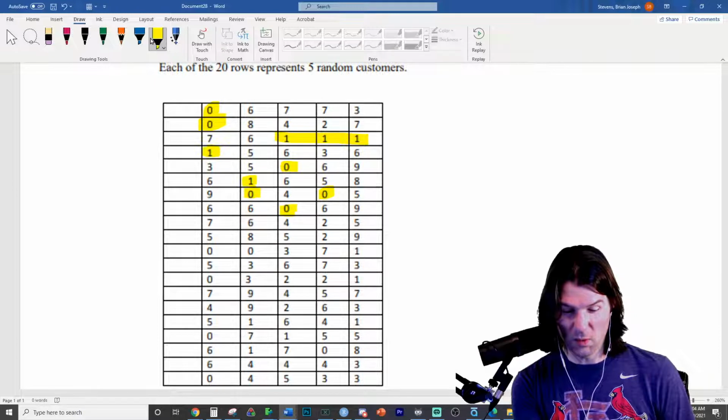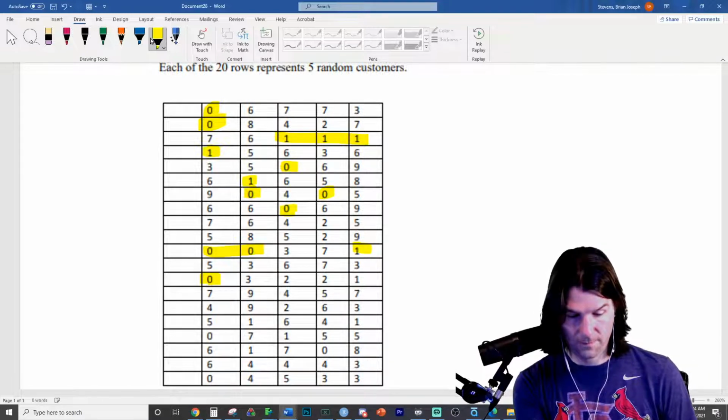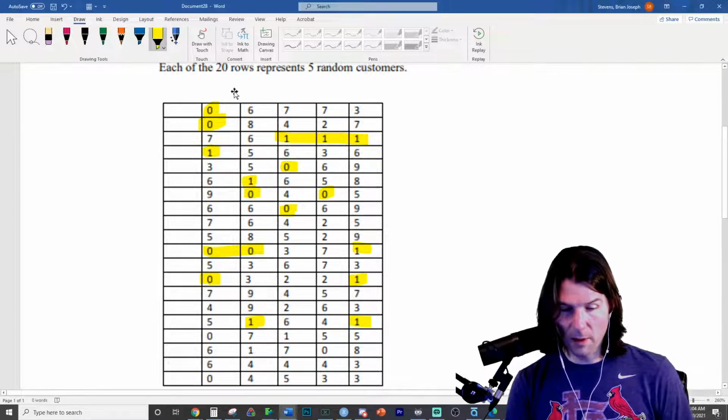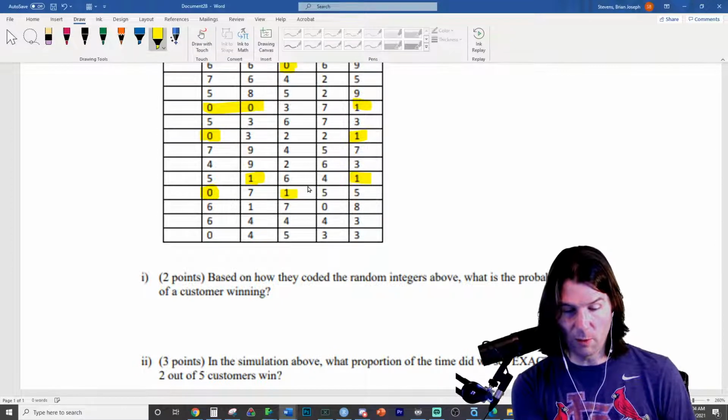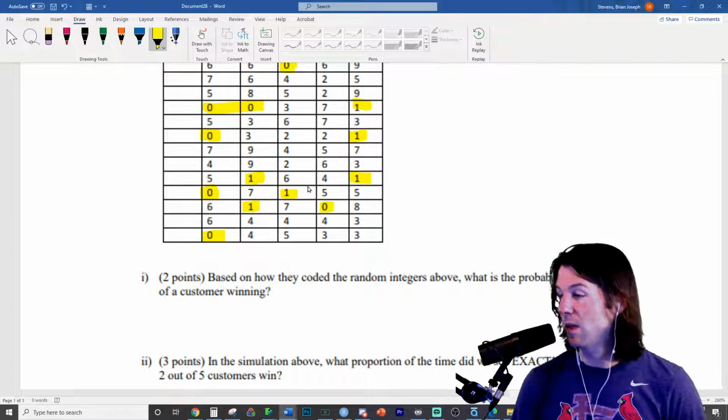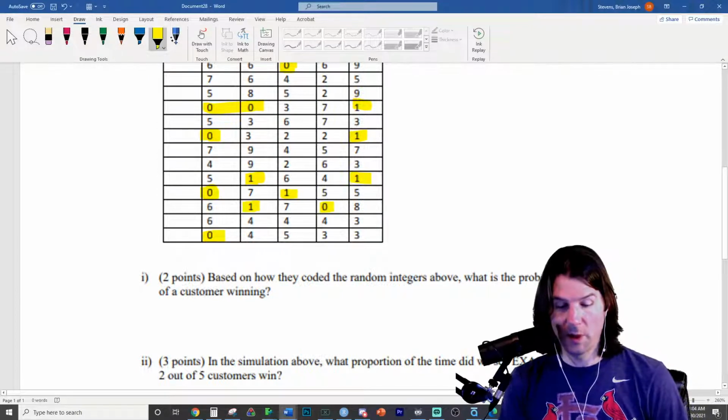I'm totally going to miss one. What I'm doing is marking the winners. Someone won if they got a 0 or a 1, based on how these numbers were coded.